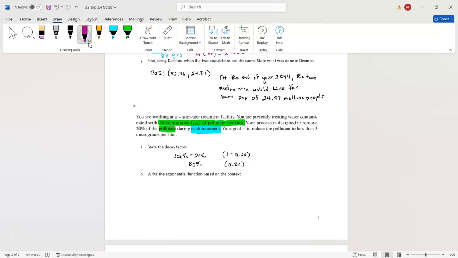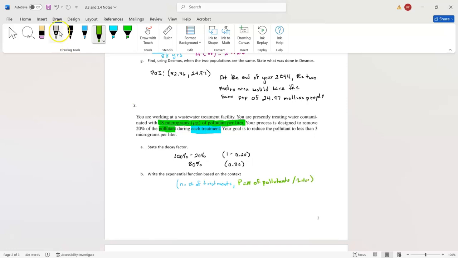So our input is, we can say n equals number of treatments. And then our output is maybe P equals the number of pollutants per liter.